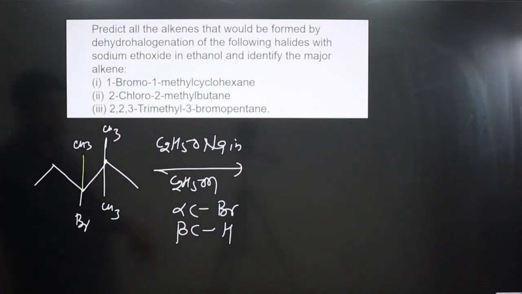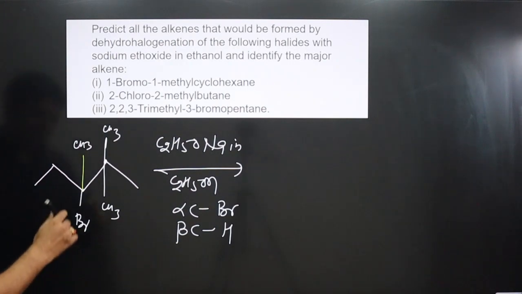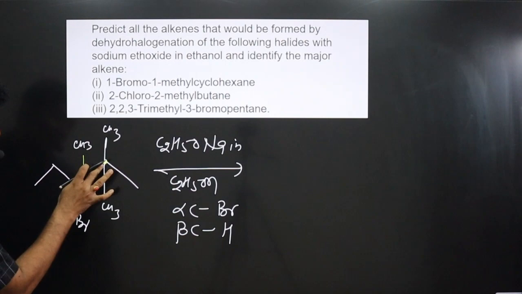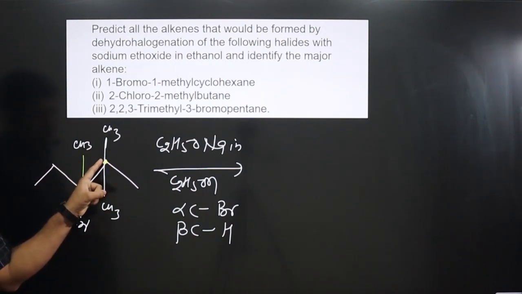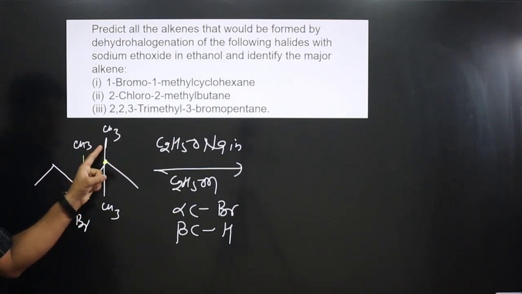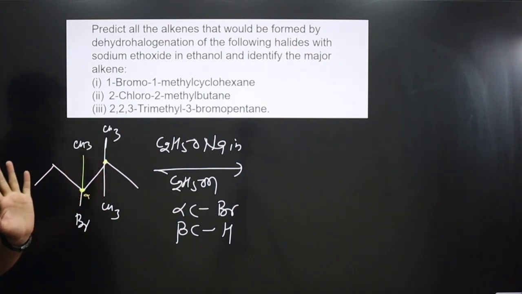We identify how many types of beta hydrogen are there. You can see for me this is alpha carbon, and the next carbon does not have any hydrogen because in this case you can see it is already forming 4 bonds, which means it does not have any hydrogen.